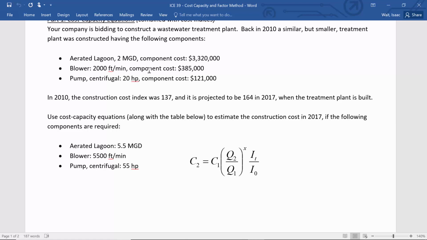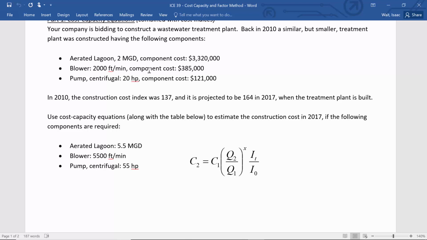So find, for the aerated lagoon, what's the 2017 cost? You can see the formula here: you're going to use the data, C1, the cost from 2010, and then you take into account the difference in size using the ratio of the Q's and the correlating exponent. And then you also correct for the changes in pricing over time. So we know the cost index in 2017 was 164.